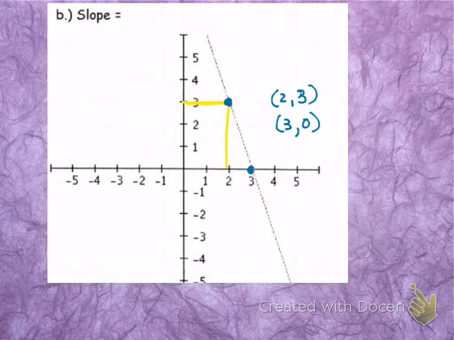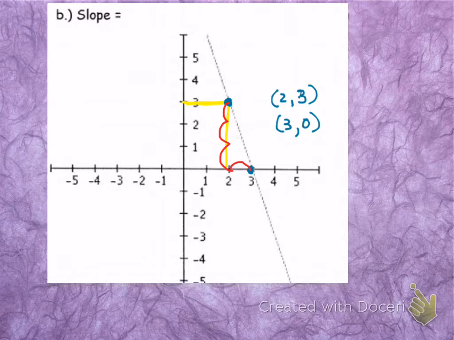And then we're counting the rise over the run. And so we want to look at how much do I go up versus how much do I go over. Now here my first point is 2, 3. So in the rise, I'm actually going downward. So I would just count that, and I'd go 1, 2, 3 downward. And then I'm going over 1.